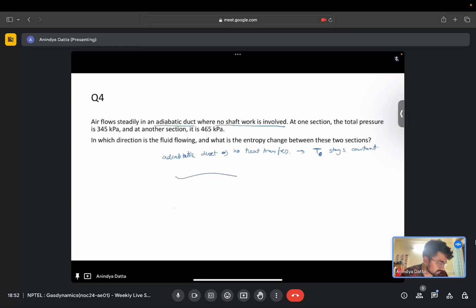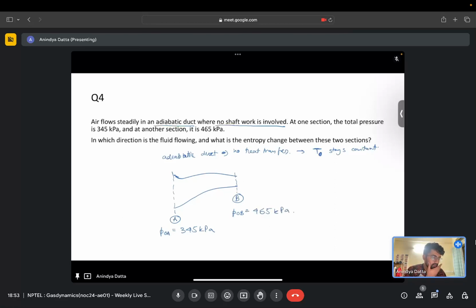Now at one section, when nothing is given, let's draw some arbitrary duct. I'm just making up something. Let's say this is section A. My pressure is P0A, which is 345 kilopascal, and this is section B. So P0B is 465 kilopascal.